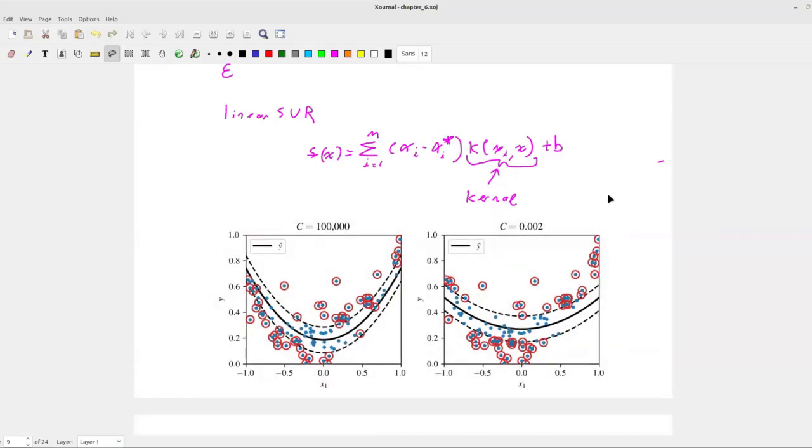So here we are with nonlinear regression using SVR in a kernel. This is a second degree polynomial kernel. That's going to allow us to warp our data so then we can do the support vector machine regression and then warp it back so we can get something that looks like non-straight lines.